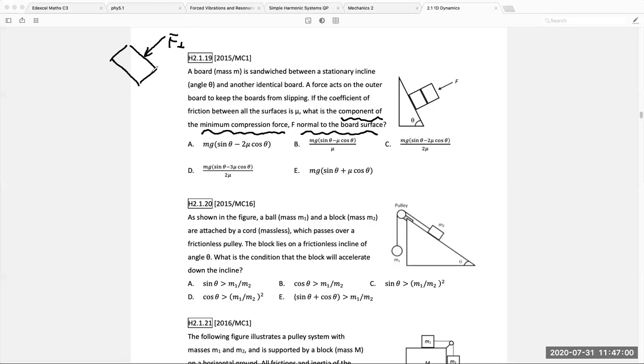That means the force F can also have a component along the slope, like this one. I think it's not difficult to understand why the force should be along upwards the slope, not downwards the slope.